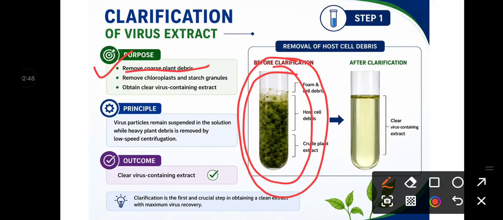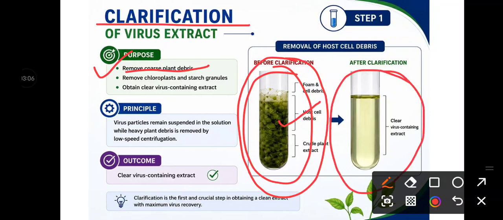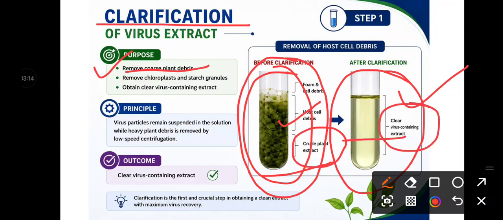It contains plant debris as well as various chloroplasts, starch granules, many contaminants. By the clarification step, we remove the coarse plant debris, and ultimately we get this clear virus containing extract, from crude plant extract to clear virus containing extract.